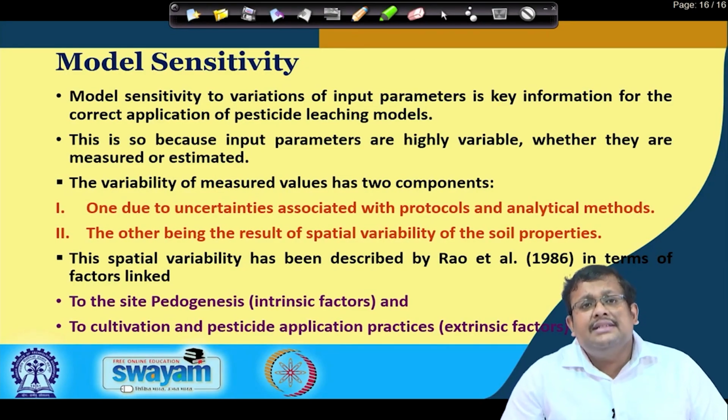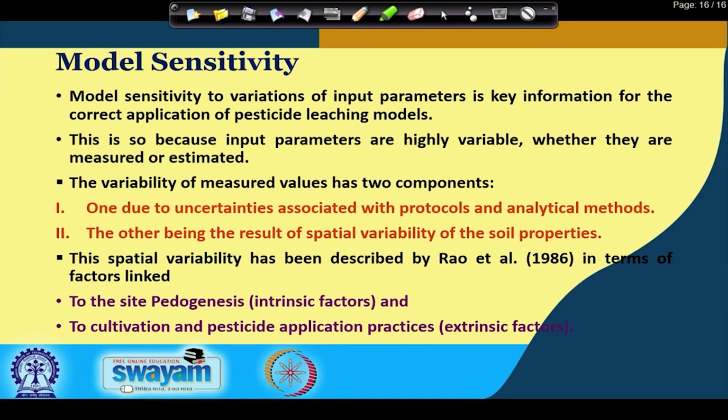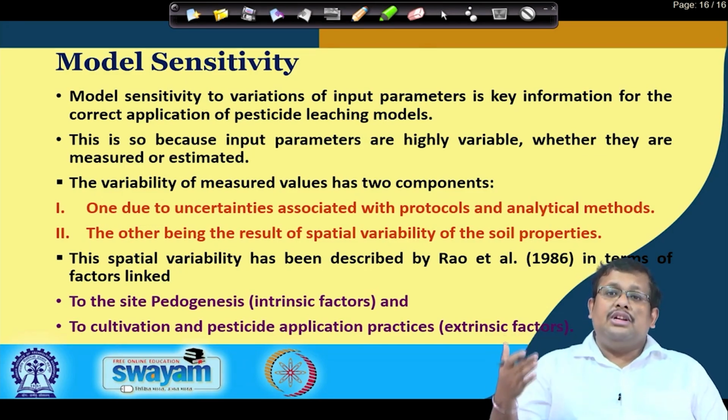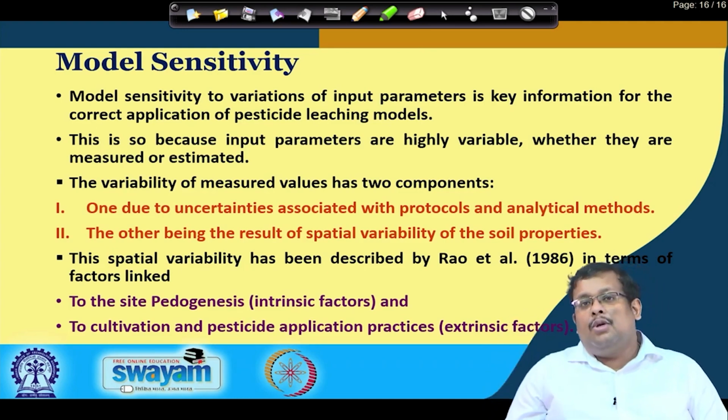The second important thing is the model sensitivity. Model sensitivity to variation of input parameters is key information for the correct application of pesticide leaching models. Now, what is model sensitivity? In general terms, model sensitivity means, when we make these input parameters variable, what will be the variation in the output of the model simulation.